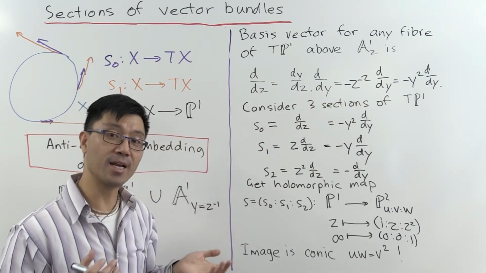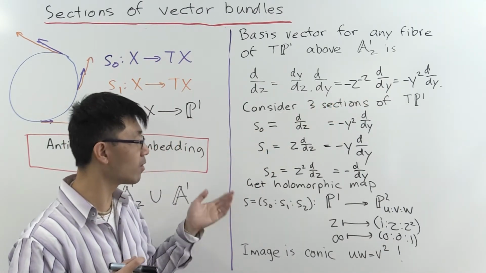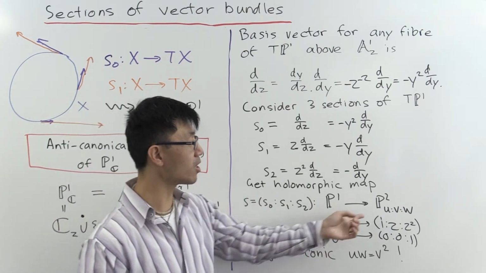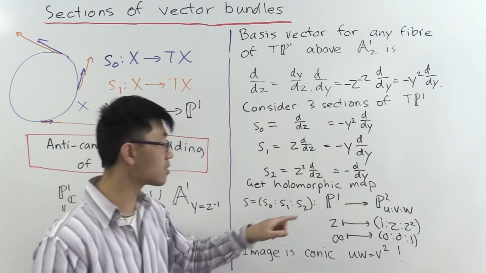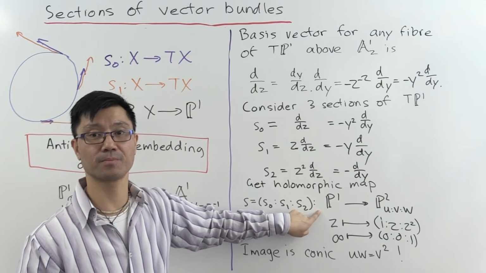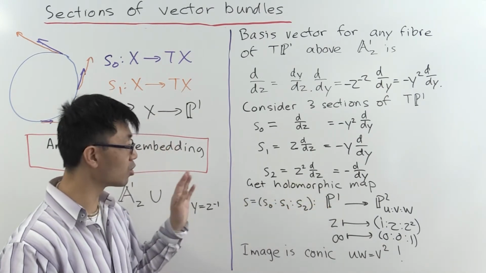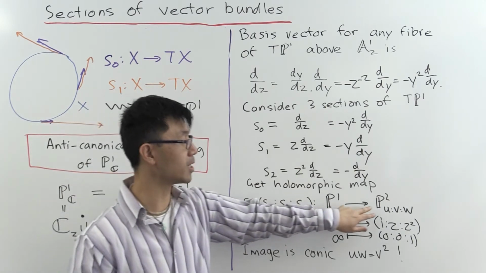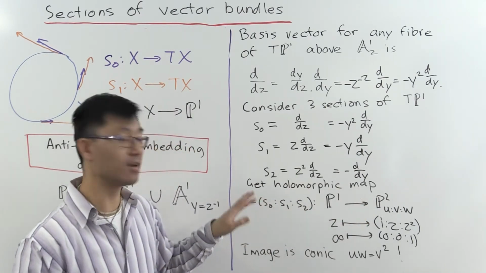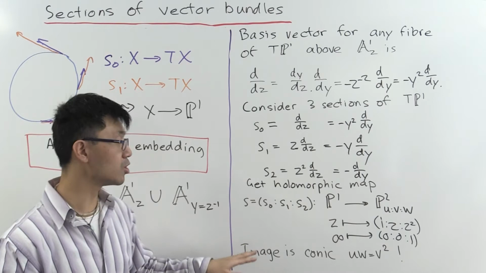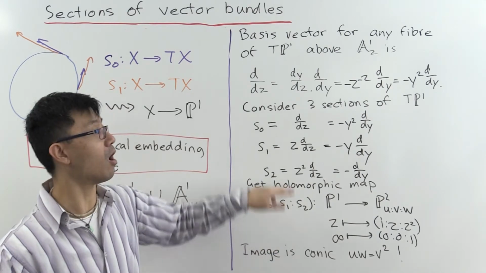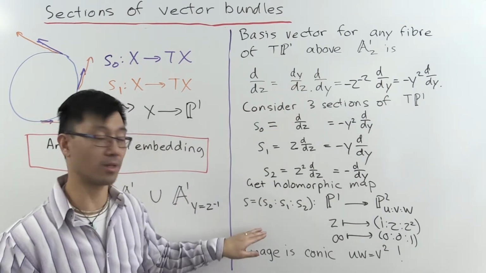Now, if you've seen my playlist on projective geometry, you would have seen that non-degenerate conics inside the projective plane are all isomorphic to the projective line. And what's interesting in this case here is that we can construct the map from P1 to P2, giving that isomorphism in a very interesting way, using holomorphic sections of the tangent bundle in this case.